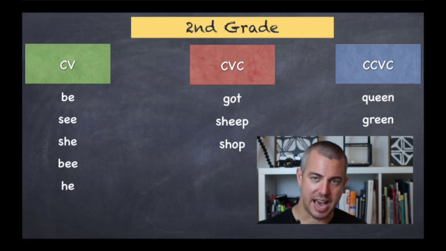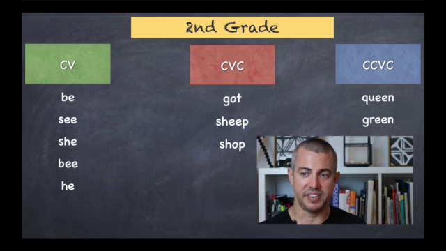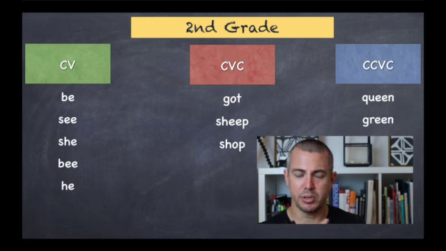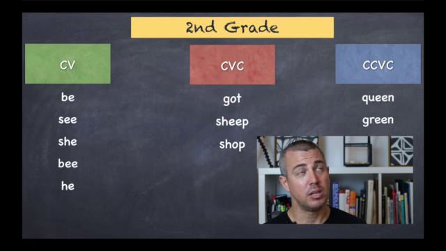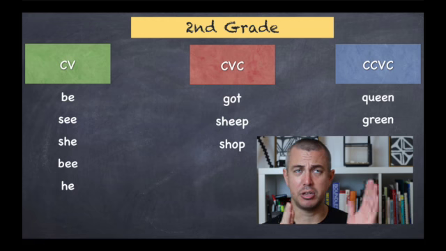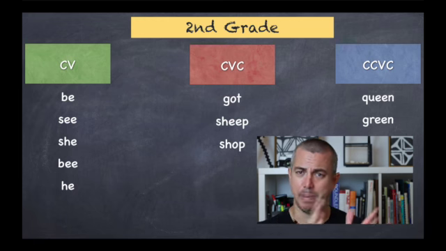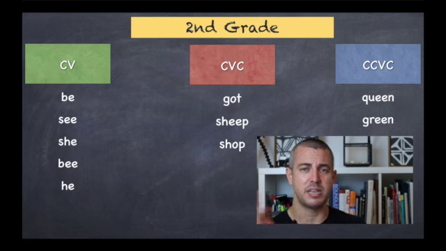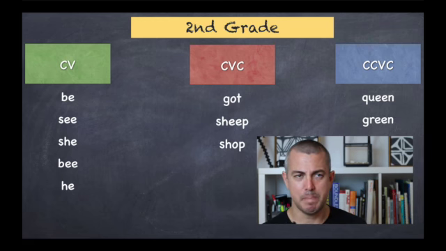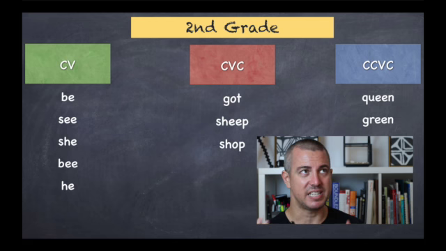And for our last category, the CCVC, we had the word queen, where Q-U, even though that's a vowel right after the Q, the Q and the U come together to make a combined sound because Q is never without U. But if we think of that sound, what is that sound actually saying? Q and U, qu.